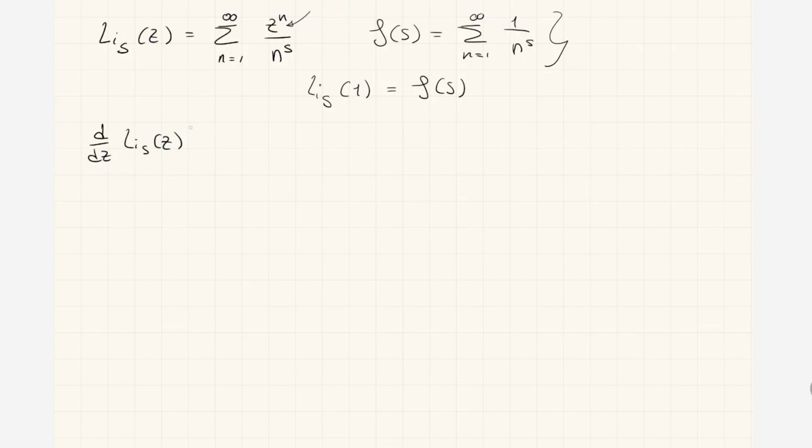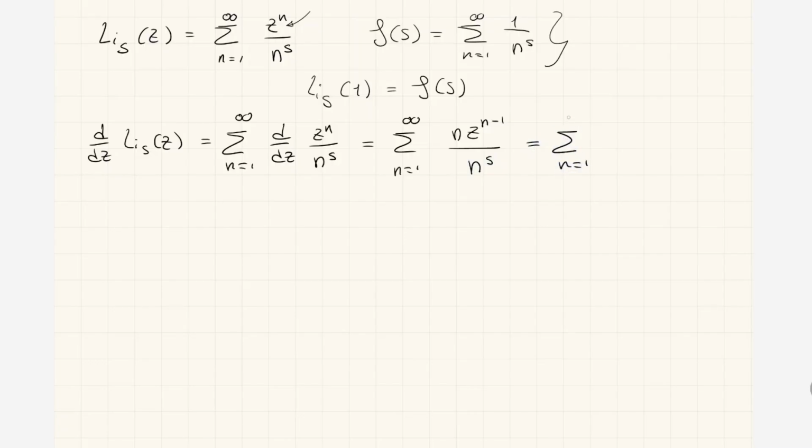Well, that is going to be the sum from n equals 1 to infinity of the derivative with respect to z of z to the n over n to the s, which is going to be the sum from n equals 1 to infinity of n times z to the n minus 1 over n to the s, and this is the sum from n equals 1 to infinity of z to the n minus 1 over n to the s minus 1.